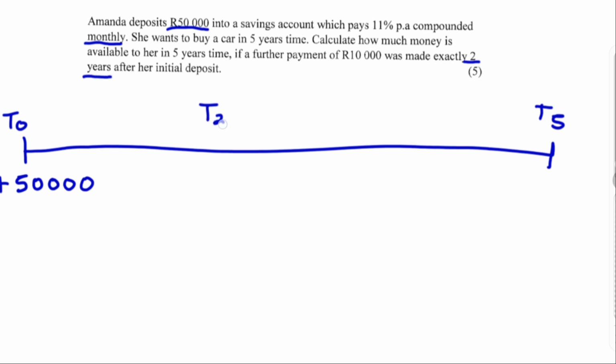So at T2, she is going to deposit 10,000 rands. In this case, we will treat the 50,000 individually.